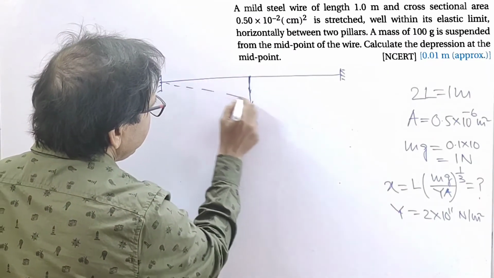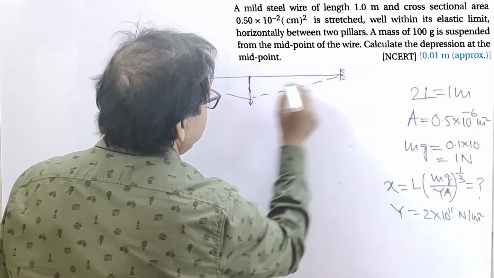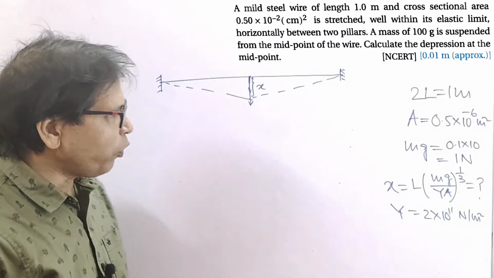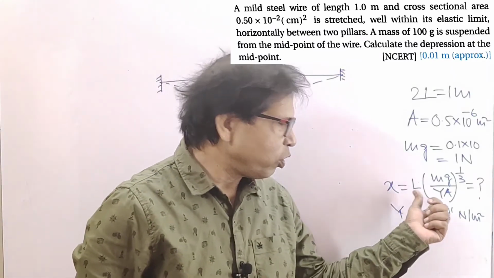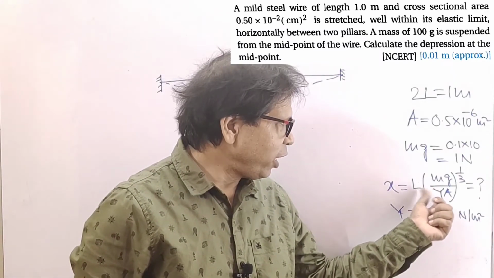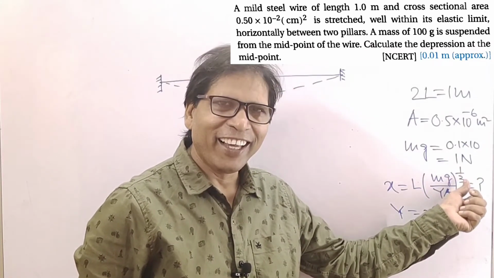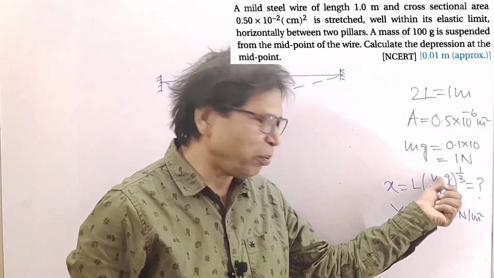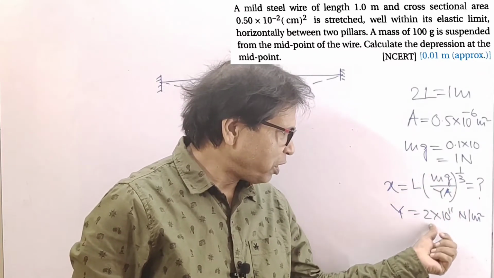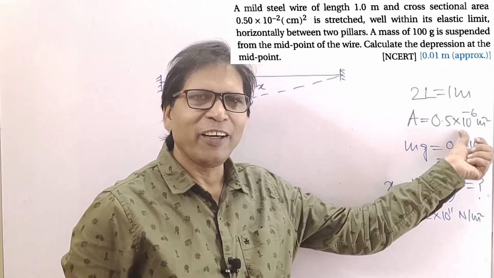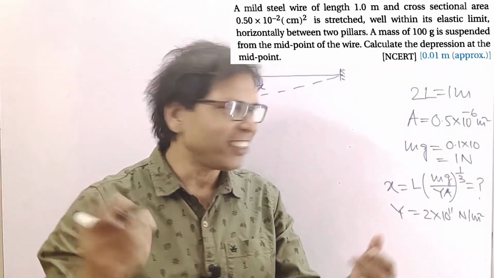The wire becomes like this. We have to calculate this depression x. Now depression x equals half length into (mg by YA) to the power 1/3. Here m is given, Y of steel is known, area of cross section A is given. We have to calculate x.